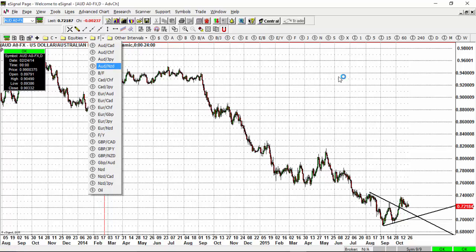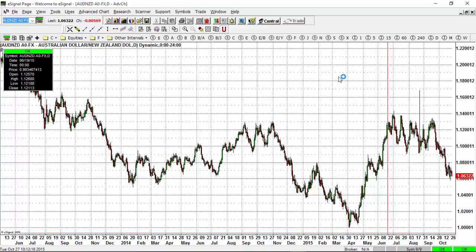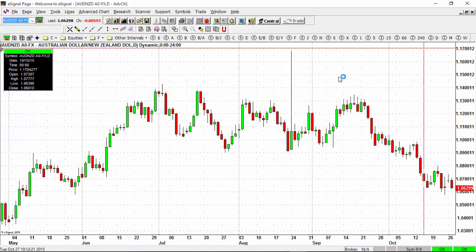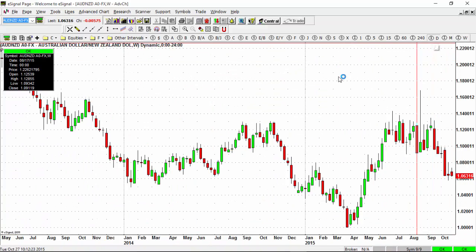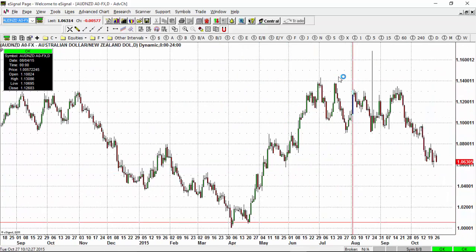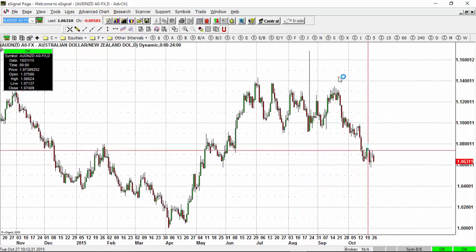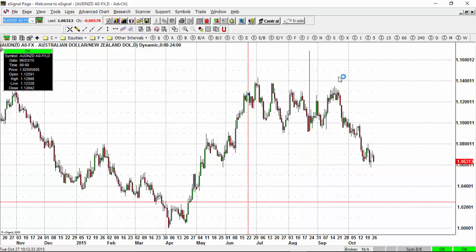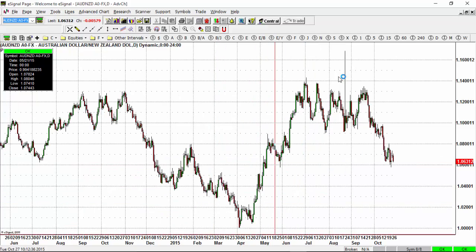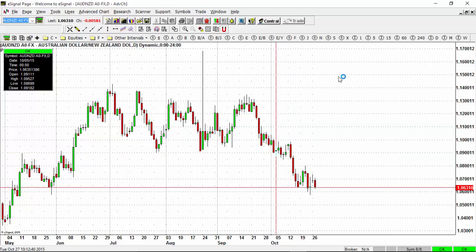Now, a market that could show some promise, and our Forex income system members are also involved in this market, is the Australian dollar versus the New Zealand dollar. Since September or so, this market has broken down, and we look to see if we get further losses in this currency pair.